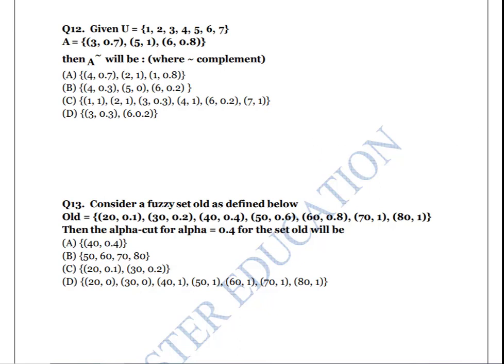The next question: given the universal set as this, and A equal to {3, 0.7}, {5, 1}, {6, 0.8}. First we write 1. 1 is there in the universal set, but in set A, 1 is not there, so write 1, 1. 2 is there, but in set A, 2 is not there, so write 2, 1.